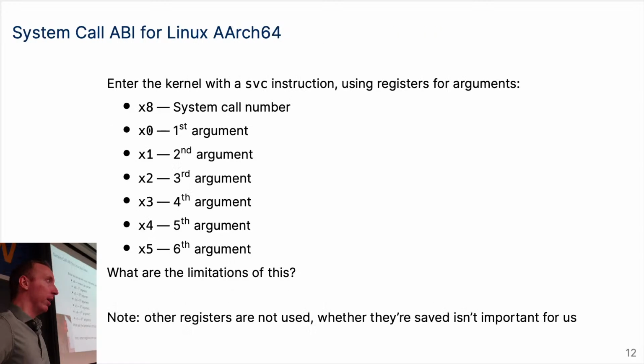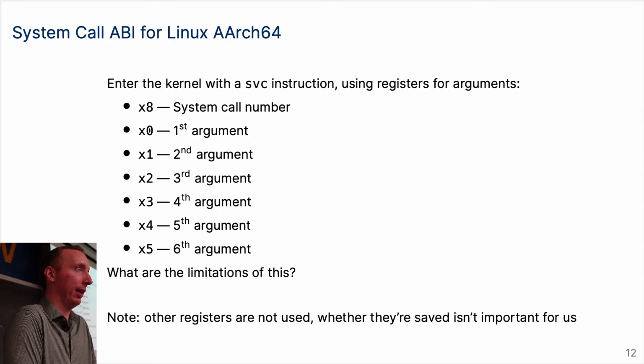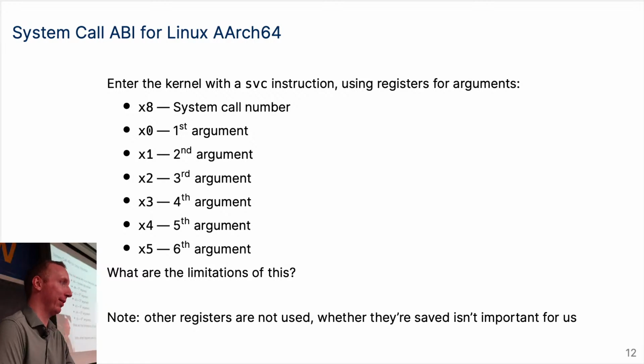So the system call ABI for Linux, just so you can, if you ever wanted to write this in assembly, which again, you don't have to, I'm just slightly sadistic. You enter the kernel with an SVC instruction, and basically this is the only interrupt you are allowed to raise in user mode. SVC is a supervisor request, so it's like you need to call your parents or something like that.